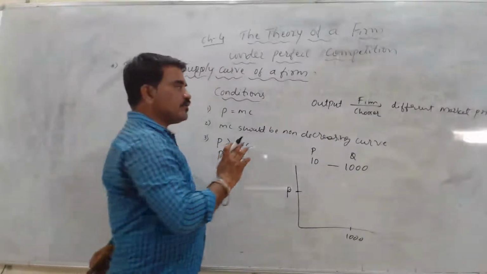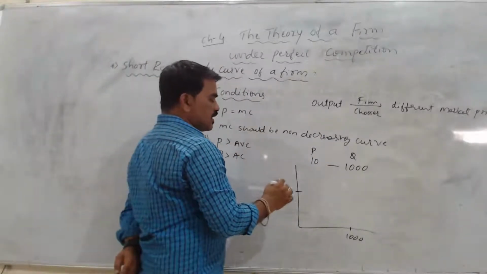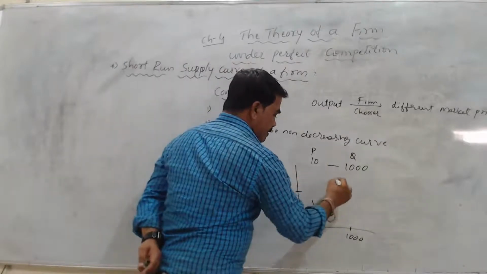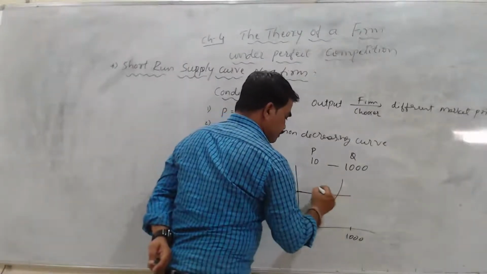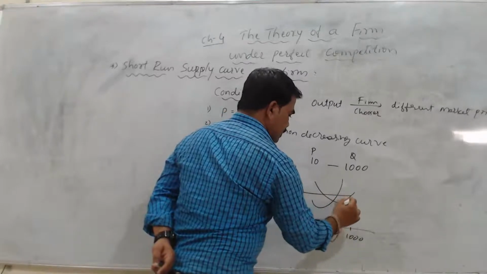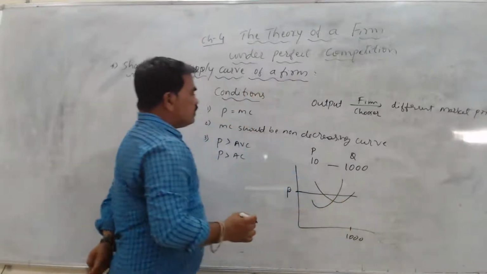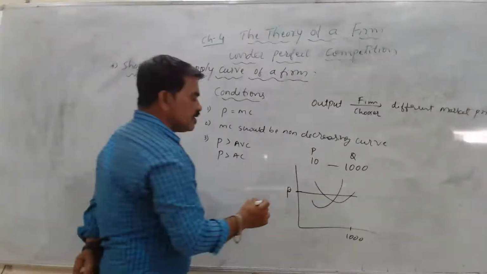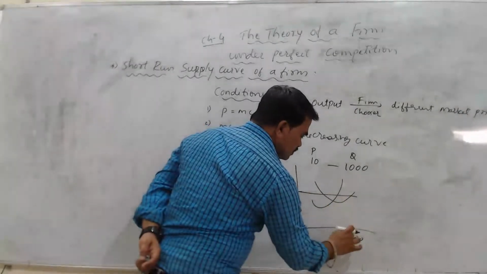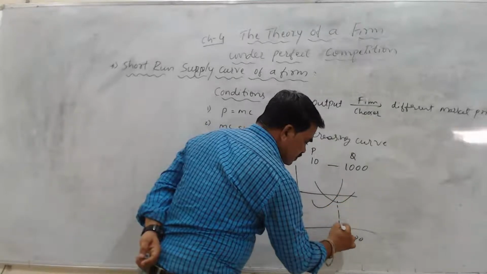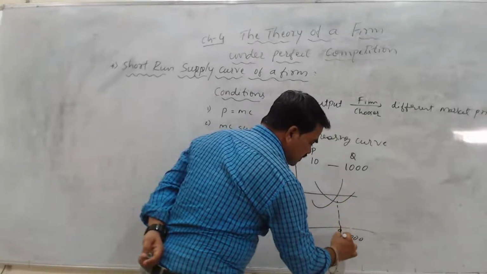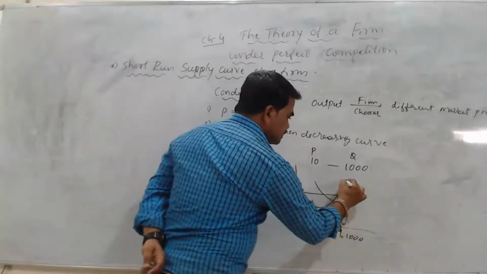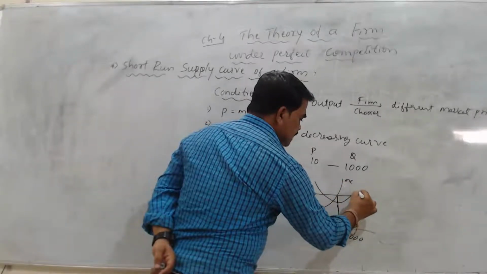We need to understand whether we have satisfied all these three conditions. This is the quantity 1000. This is the MC curve and this is the average cost.